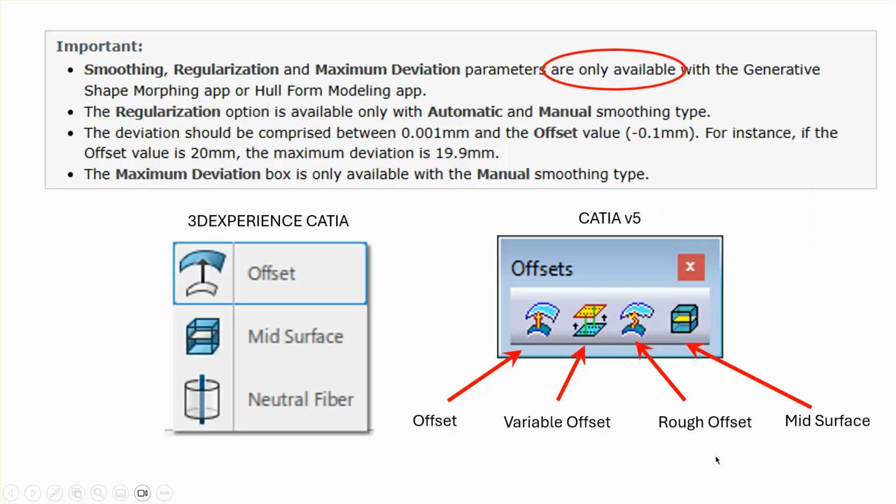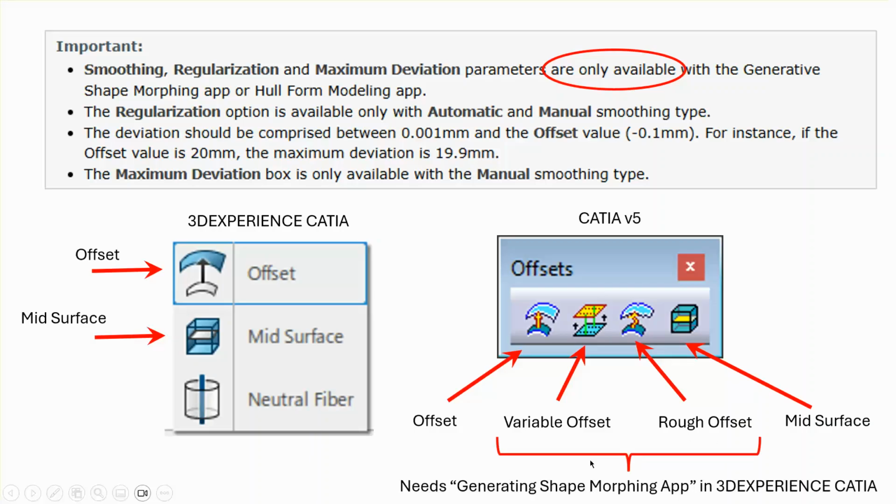Now, in 3D Experience CATIA generative shape design, the only things that you have access to are the offset and the mid-surface. It is true that they have added something called neutral fiber that we're going to be discussing later on. But to have access to these two, variable offset and rough offset, you're going to need a license to the generative shape morphing app.